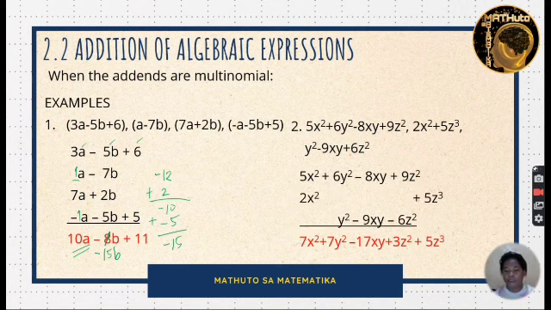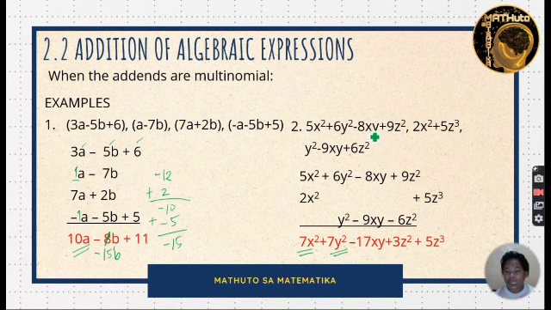So 5x squared plus 2x squared: we line up all the x squared terms, and the sum is 7x squared. Then the next one is y squared, which appears in the first expression and the third expression. We add them, and the sum is 7y squared.